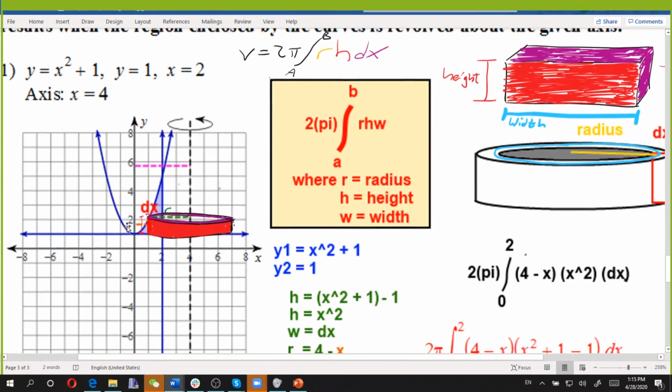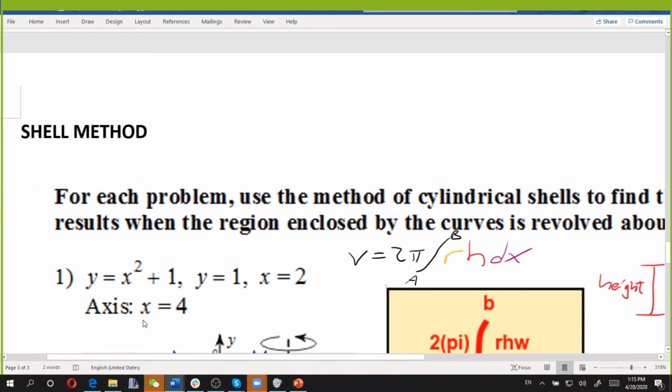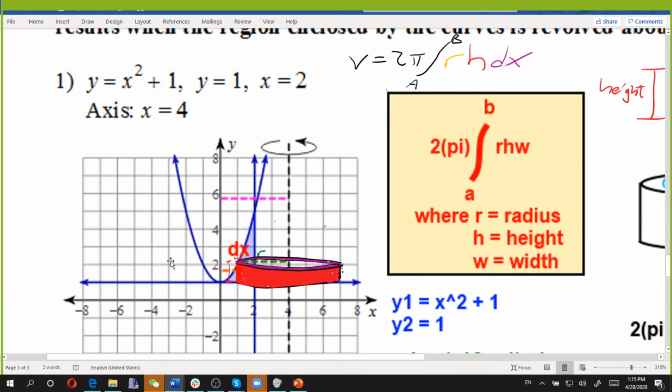Okay, so going through this example. We've got the height of our cylinder, which is the difference between our two y values. My top function, which is the parabola, is x squared plus 1, minus my bottom function, which has a y value of negative 1. So that's x squared plus 1 minus 1, which gives us our height.